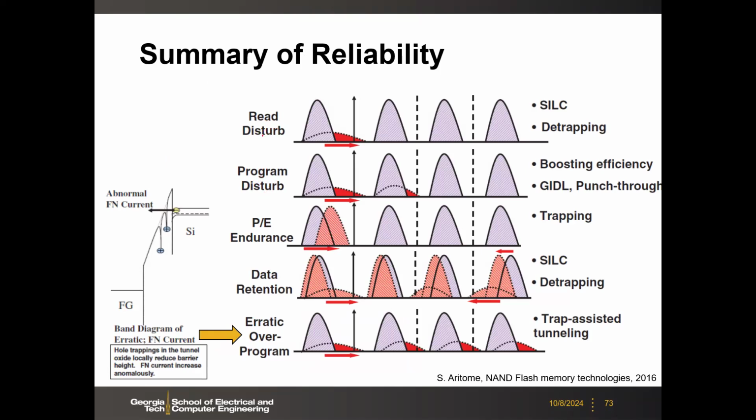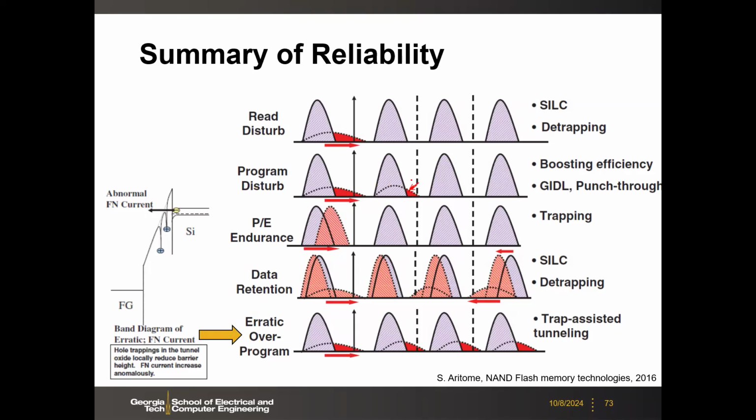Even if the read pass is like 6 volts, the program disturb voltage could be like 10 volts, even 12 volts. So you will have this tail shift to the right, especially for the erase state. So program disturb will be more severe. Even for this intermediate state, you will have some trouble.